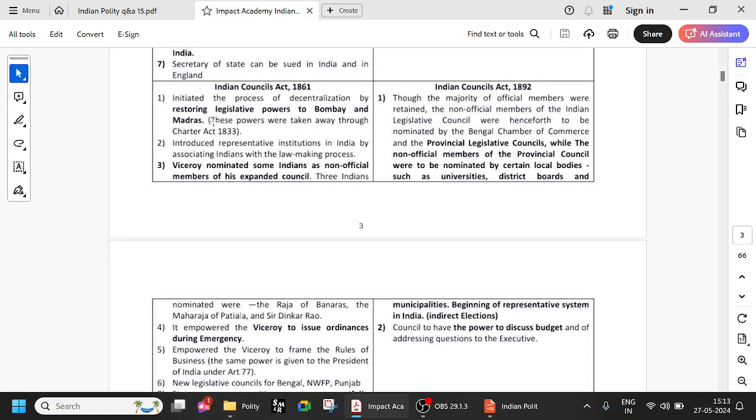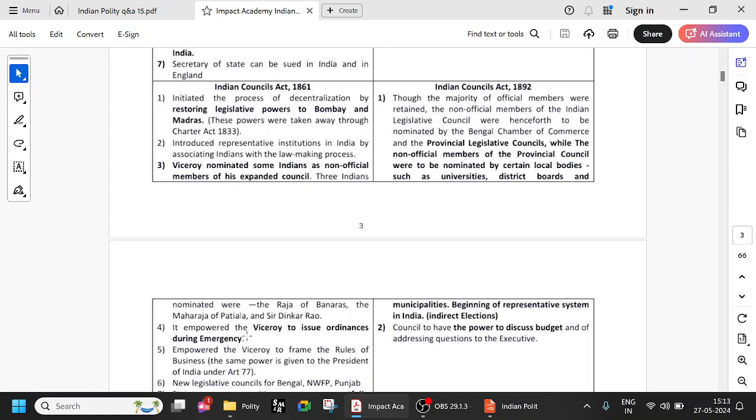The Indian Councils Act of 1861 initiated the process of decentralization, that is restoring legislative powers to Bombay and Madras. That's also important. In 1833 they centralized it, Lord William Bentinck, Governor General of India. In 1861 they decentralized it, and the Viceroy nominated some Indians as non-official members of his expanded council: Raja of Benares, Maharaja of Patiala, and Sir Dinkar.